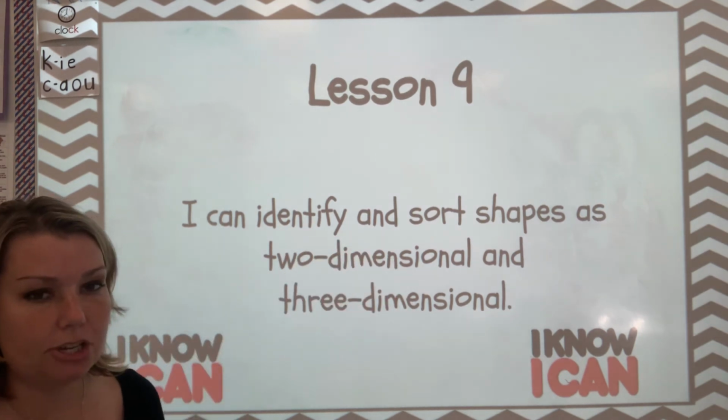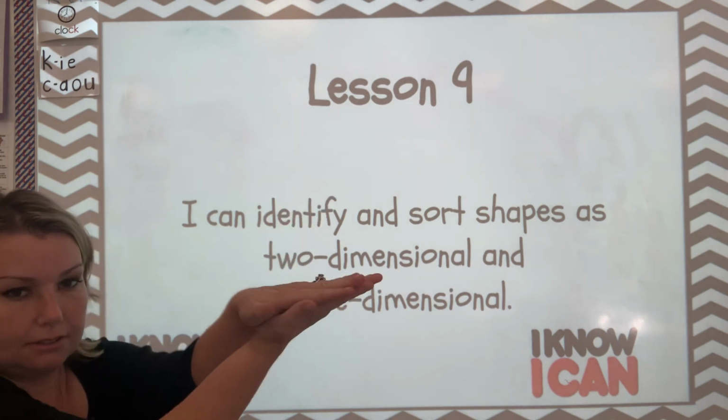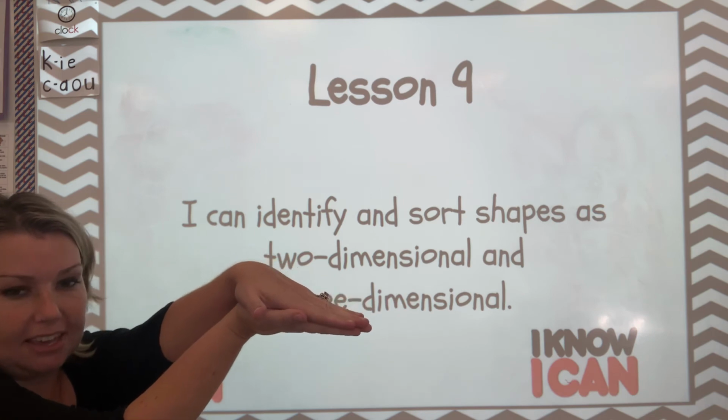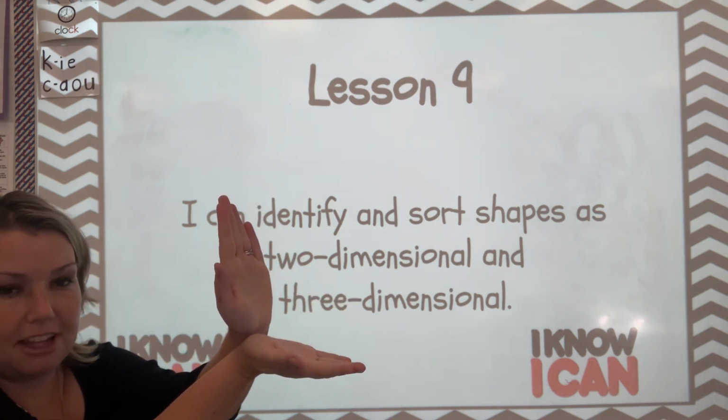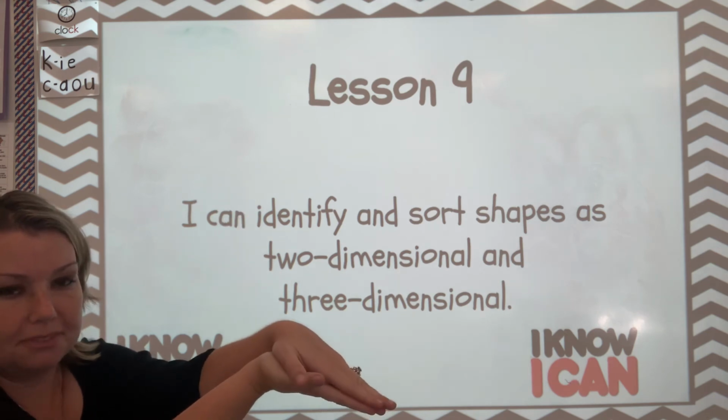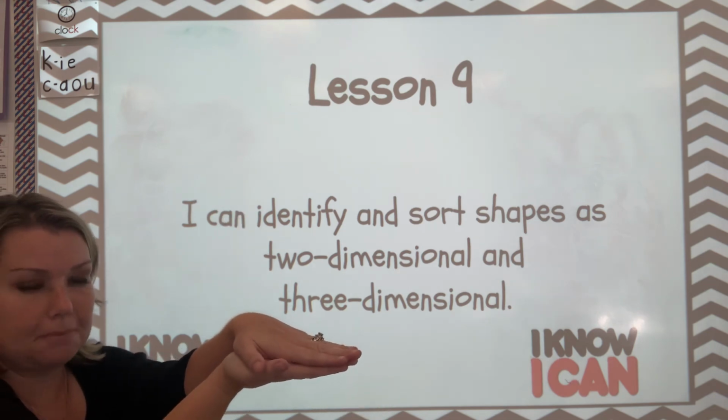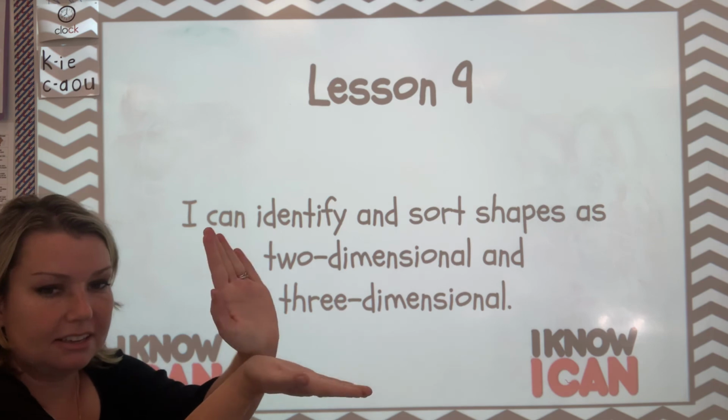Show me with your hand. Show me 2D. Flat like a pancake. Show me 3D. 3D is not flat. All right, show me 2D. Flat like a pancake. Show me 3D.